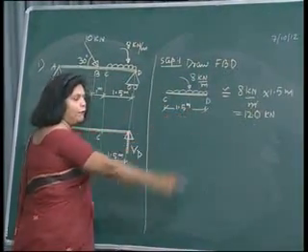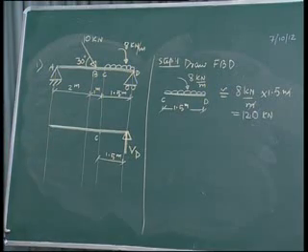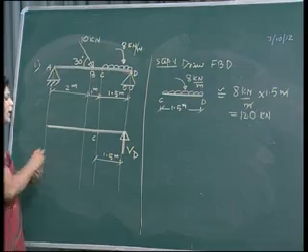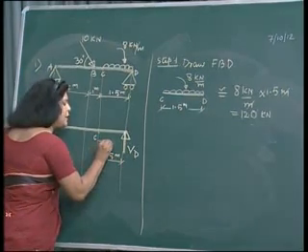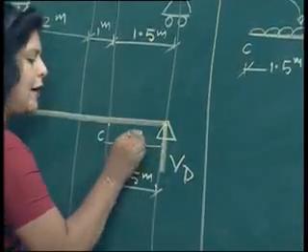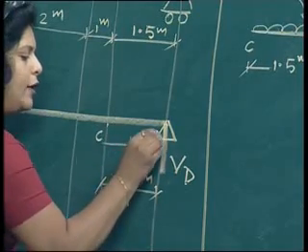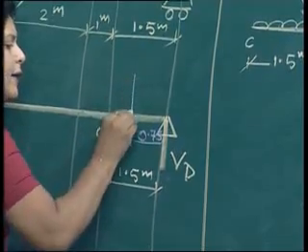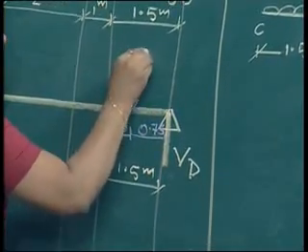So, for 1.5 the center will be 1.5 divided by 2, and that is 0.75. So, we will show here at a distance of 0.75 and 0.75 a point load of intensity 12 kilonewtons.